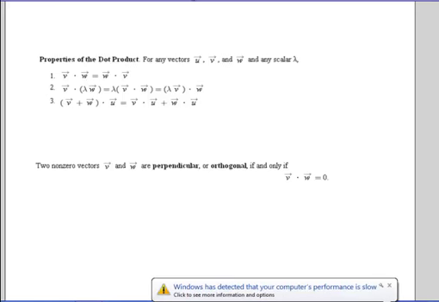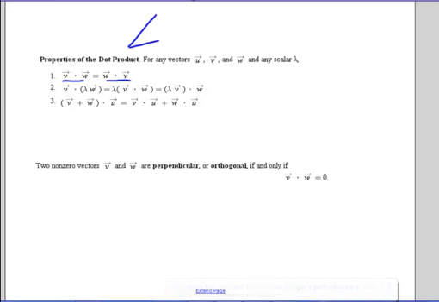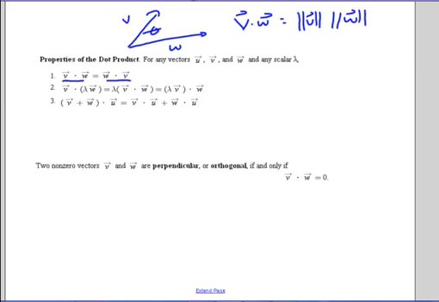In other words, v dot w and w dot v will result in the same thing, and that makes sense because consider v and w and the angle theta between them, and remember that v dot w is magnitude of v times the magnitude of w, and both of those aren't going to change if I change the order, because w dot v is going to be magnitude of w times magnitude of v times cos of theta.